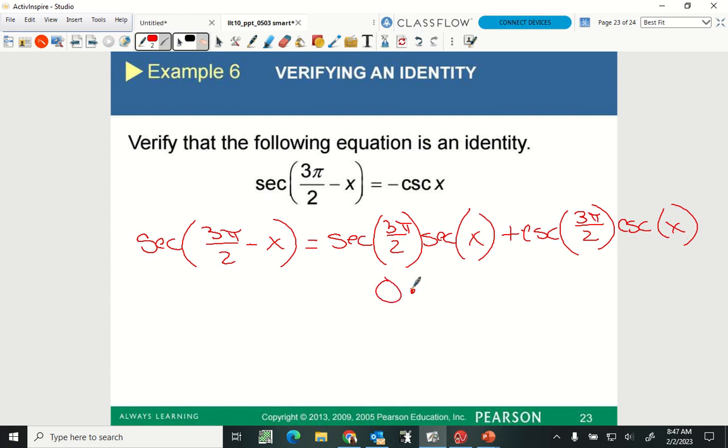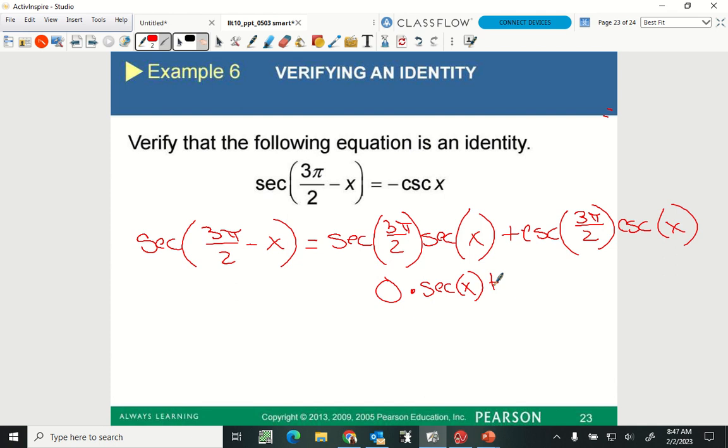So at 3 pi over 2, this one right here is 0 times secant of x. Now, plus cosecant, which is the reciprocal of the y value. What's the y value at 3 pi over 2? It's -1, right? So flip over -1.